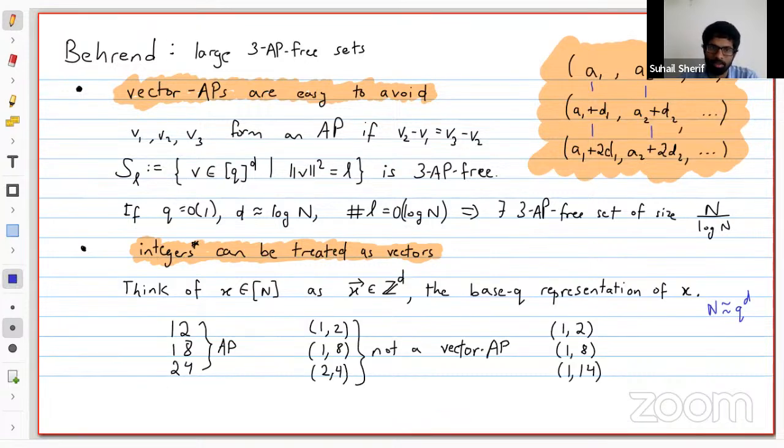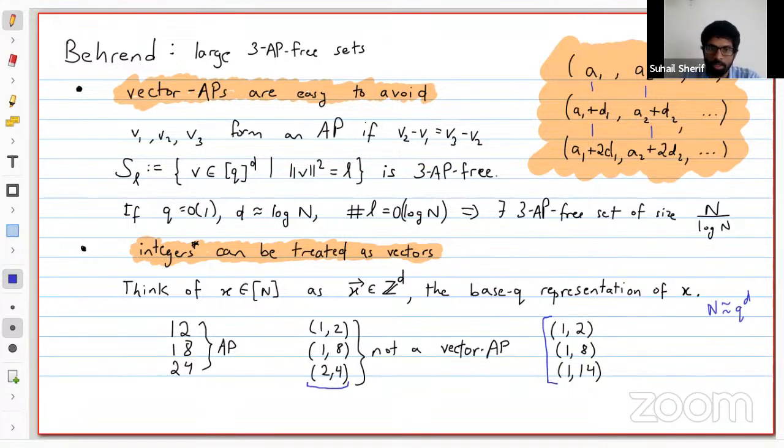Unfortunately, there's a problem here. If you take 12, 18, and 24, that's an arithmetic progression. But if you look at the vectors that represent them, they don't form a vector arithmetic progression. So the vector arithmetic progression would actually be these three vectors. But because of the carry in the last case, what you actually get if you write the base q representations is this different vector over here.